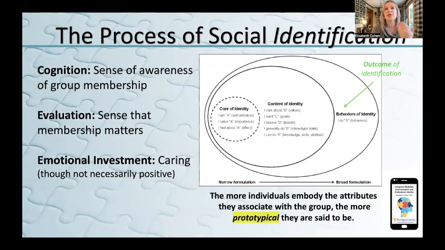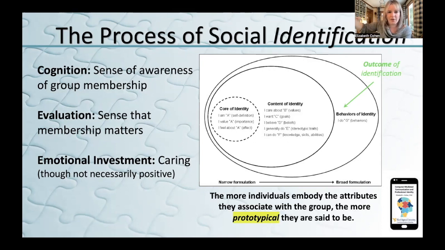I think, in the vein that he's writing, organizations are places where we tend to have group membership, right? Like my WVU example: I work for West Virginia University. This is an organization. It is my place of employment.